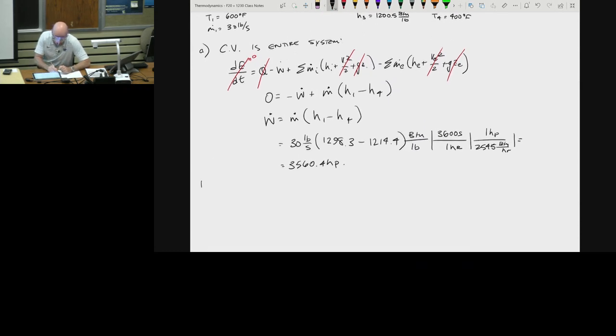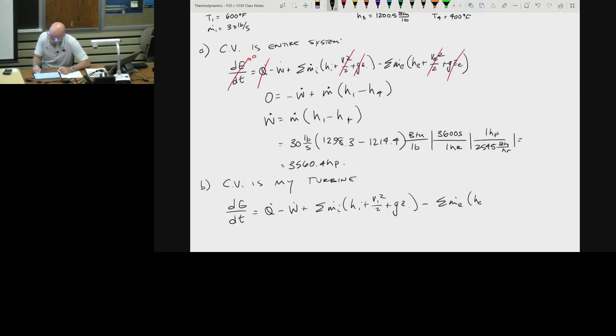For B, the control volume is my turbine. I'm going to write out the whole equation: dE/dt is equal to Q dot minus W dot plus the summation of the mass flow rate in, enthalpy in, kinetic energy in, potential energy in, minus mass flow rate exiting, enthalpy exiting, kinetic energy exiting, and potential energy exiting.